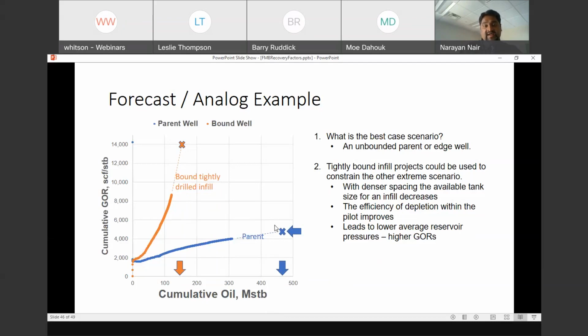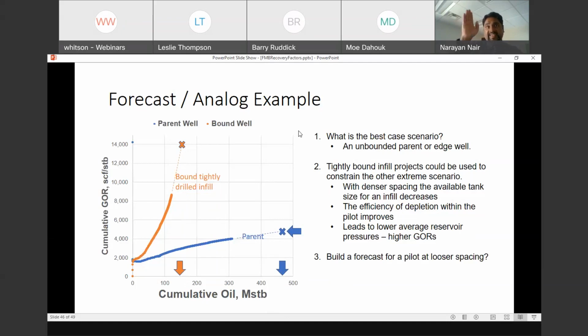If you have this analog data, and the question is, I'm drilling something at a looser spacing, not as tightly drilled and not as poor an EUR as this tightly drilled one, and the other extreme is your parent, you can bound the problem for how you extrapolate your instantaneous ratio.